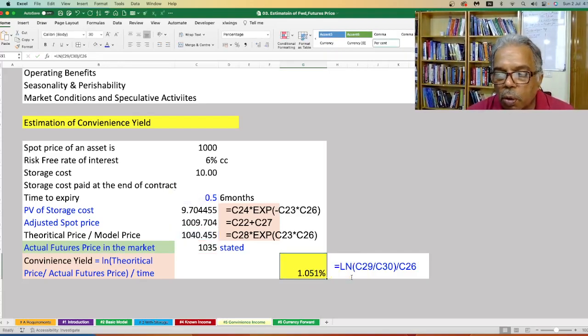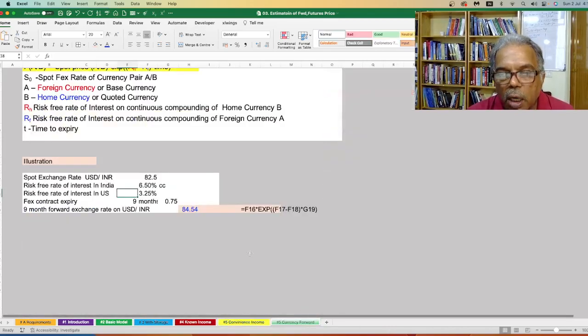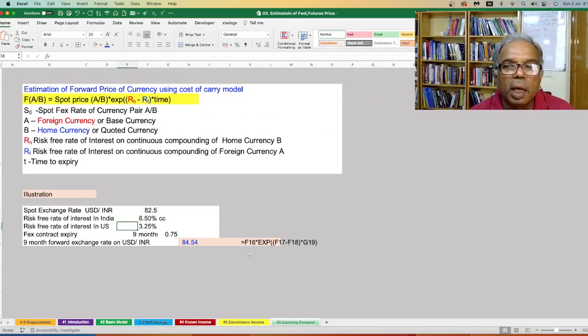So this is the last model: how do you estimate a currency forward or a currency futures using a cost of carry model instead of using the interest rate parity theory. If you know the risk-free rates of interest of the two currencies, a currency pair is always represented as A slash B, the base currency slash quoted currency, or foreign currency slash home currency. So what is the formula?